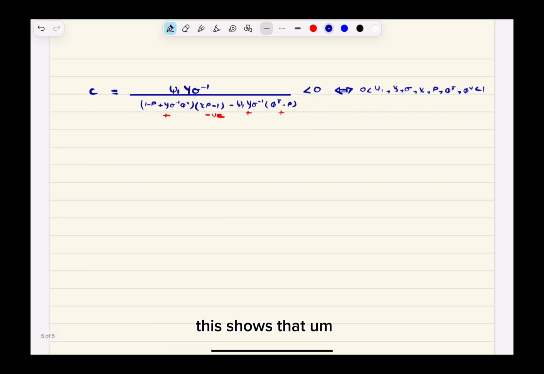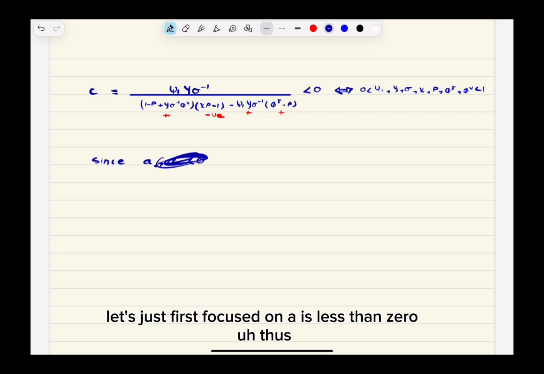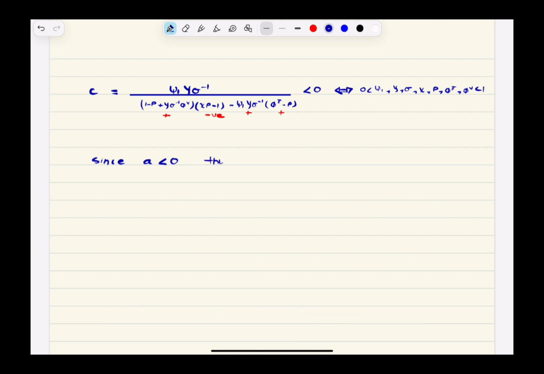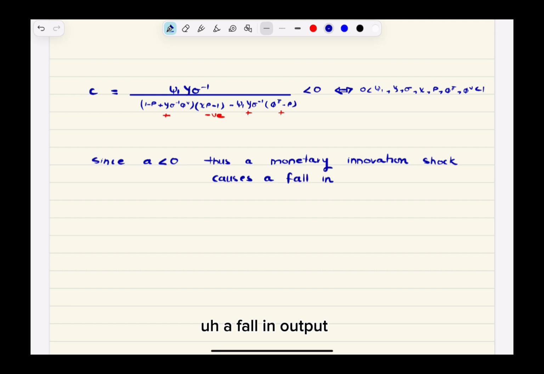so this shows that since the value of A and C is less than, let's just first focus on A, is less than 0, thus a monetary innovation shock causes a decrease, a fall in output.